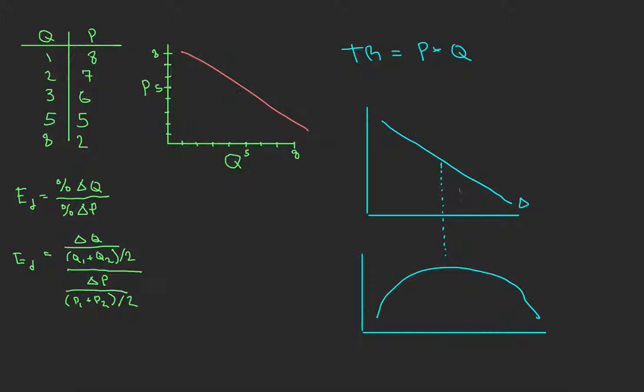What's interesting is that this tells us that where it's equal to 1 is the optimal point for total revenues. This is what we call a maximum in calculus.